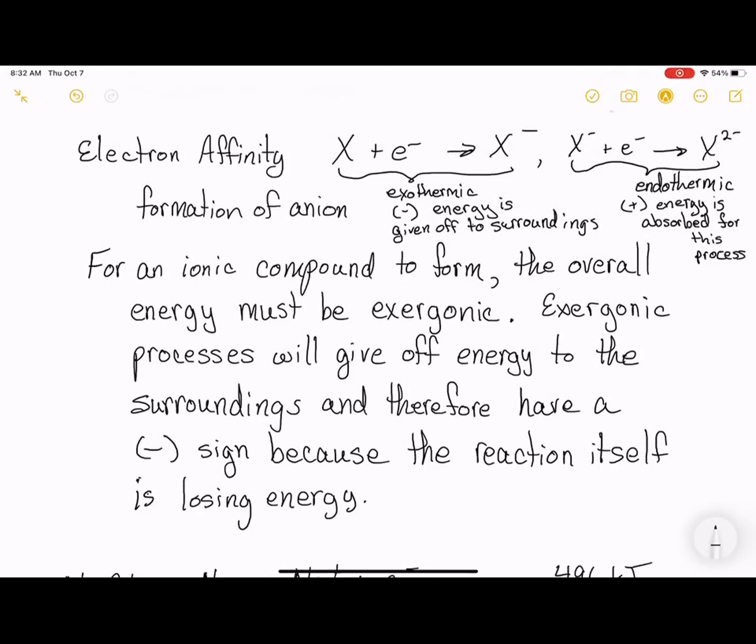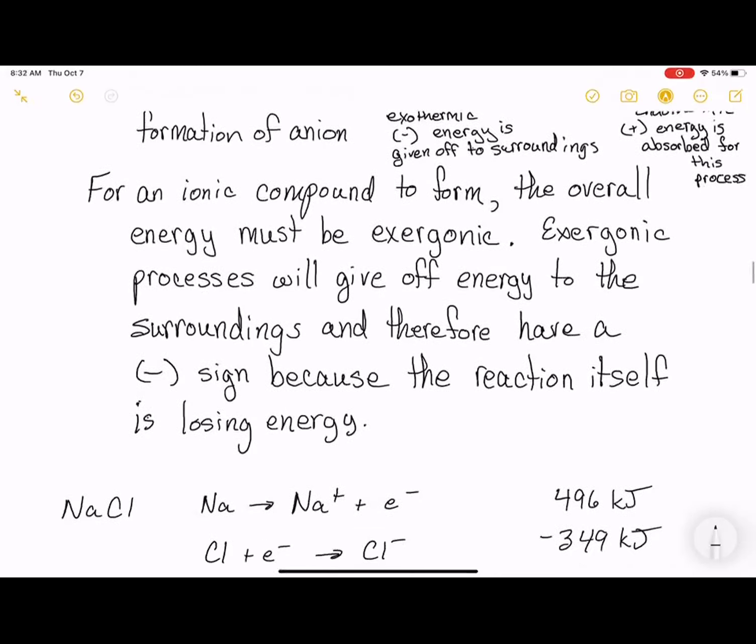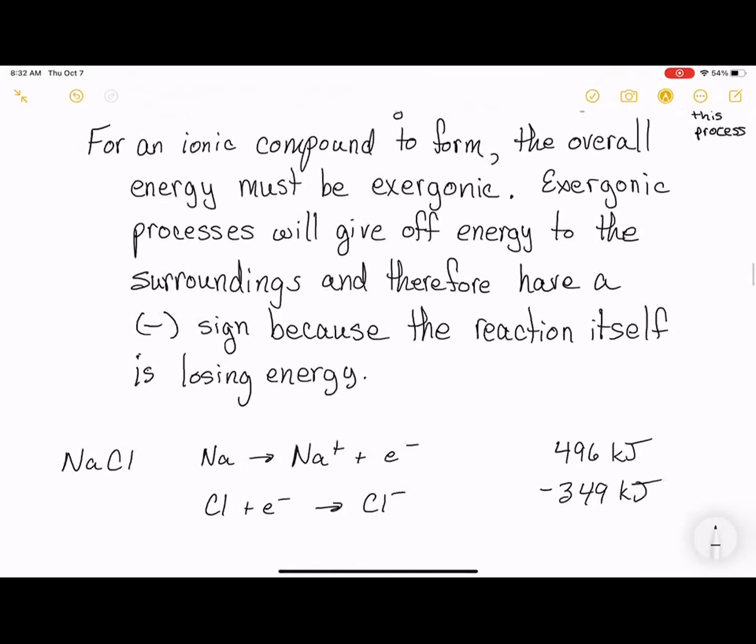So let's take that sodium chloride I gave you earlier. If I look up an ionization energy table, the formation of the sodium cation takes up 496 kilojoules of energy. The formation of the chloride anion gives off 349 kilojoules of energy.